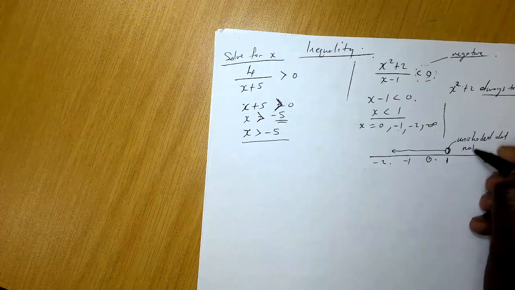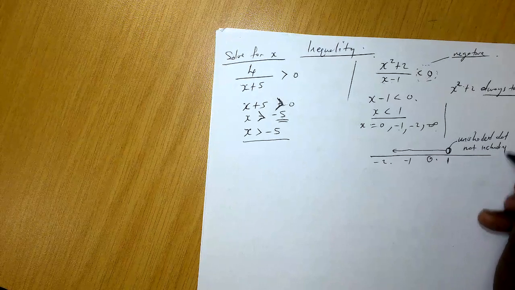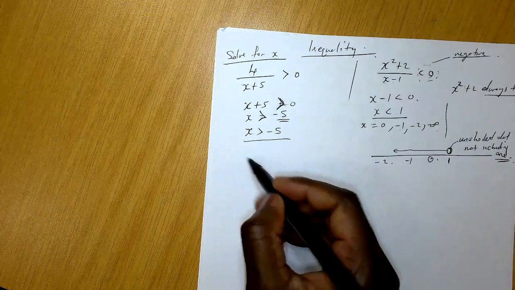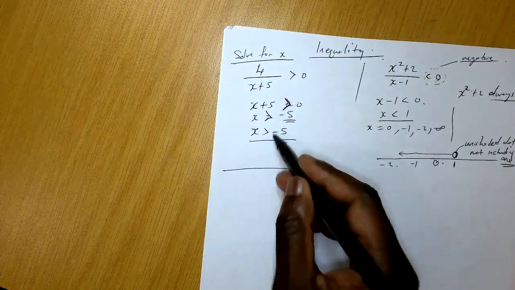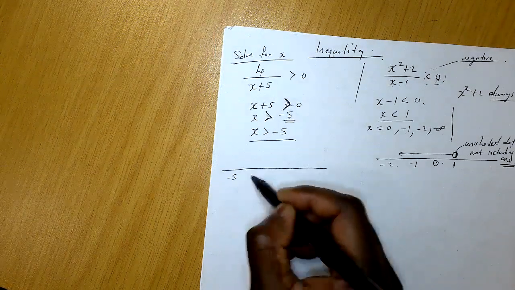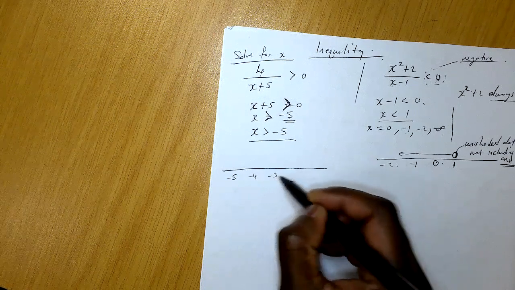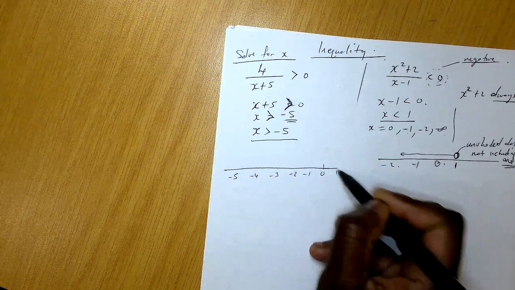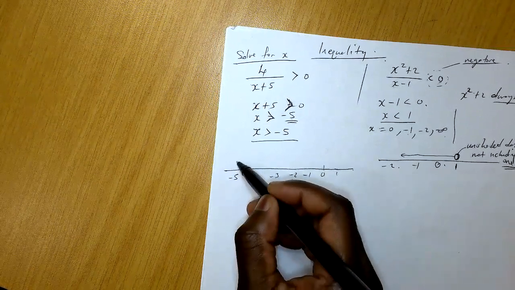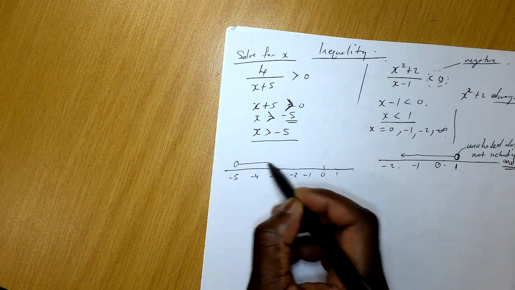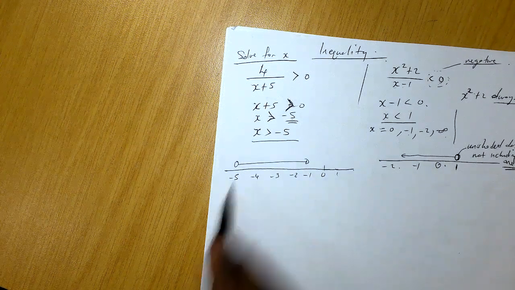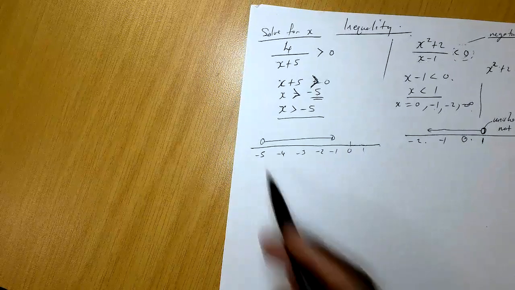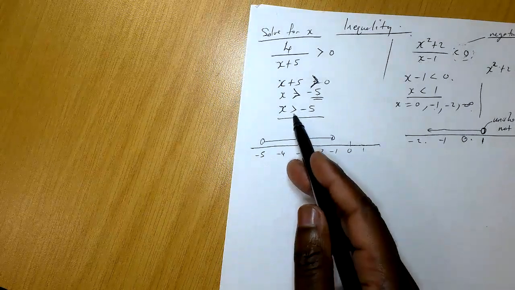So on the number line it's going to be -5, -4, -3, -2, -1, 0, 1, and it goes on like that. This dot is supposed to be empty, hollow, because we're not including the point. There is no equal sign here.